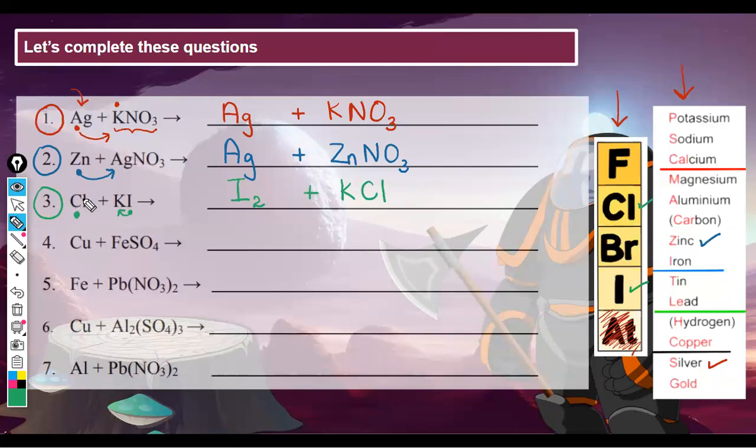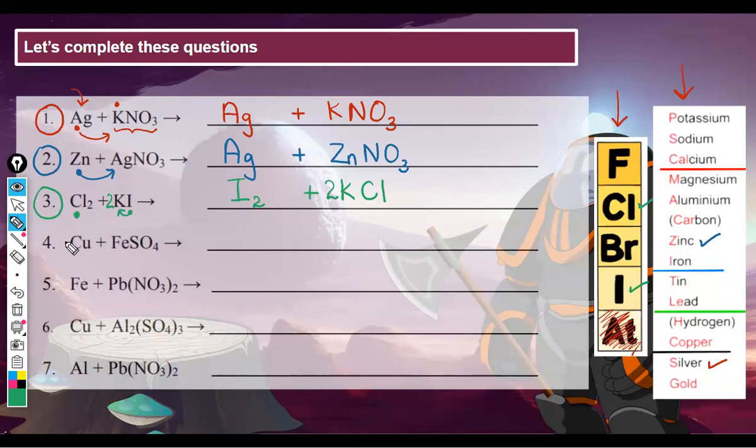Chlorine, remember, we had 2 chlorines to begin with, and potassium, but the charge on potassium is +1 and the charge on chlorine is -1, so you have to put a 2 here. And if you have 2 of this, then you must put 2. Oh, I end up balancing it. Does number 3 make sense? That chlorine was more reactive than iodine, so based on the reactivity series, it was able to displace or kick out the iodine.